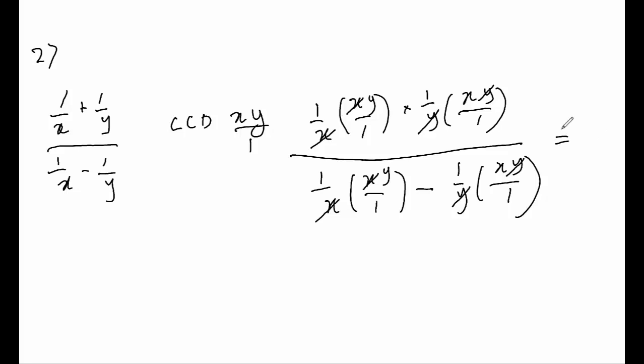Well, after I do that, I end up with y plus x on the top. This is a plus sign. Let me just make that very clear. And then on the bottom here, I have y minus x. And there's nothing more we can do. We've simplified it as much as we could.